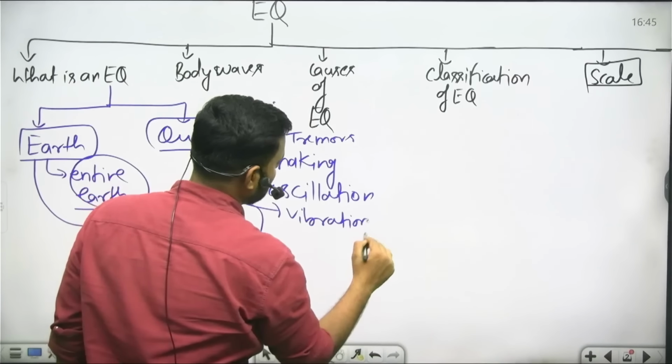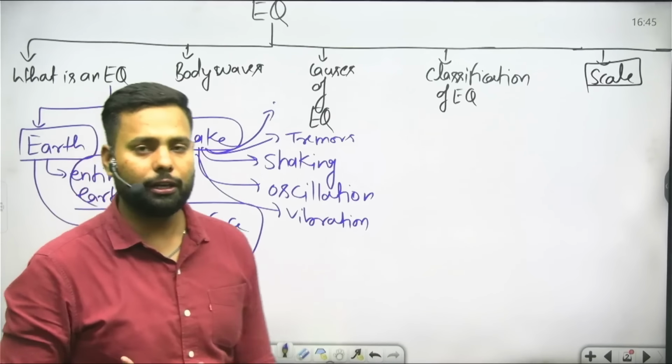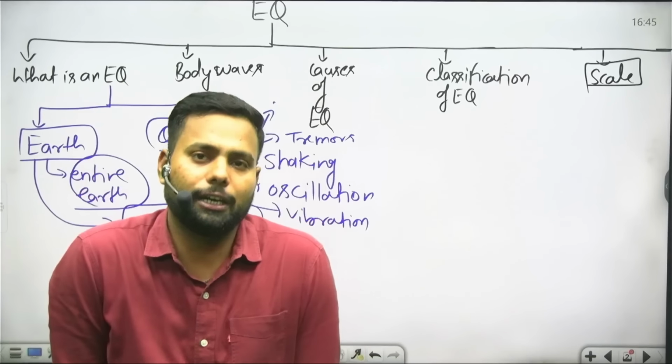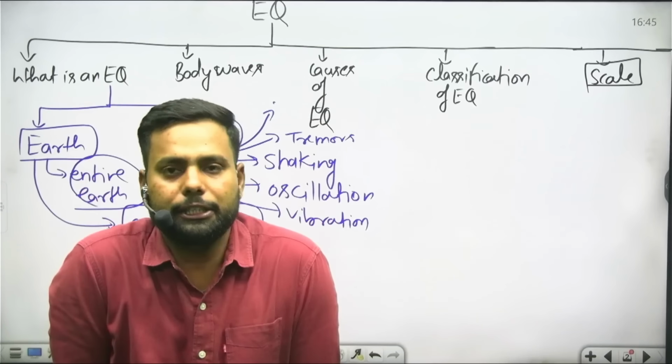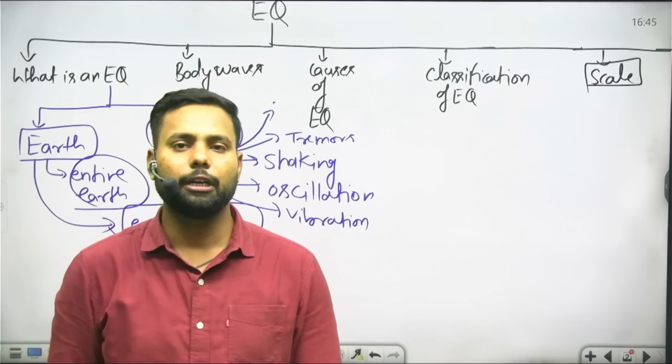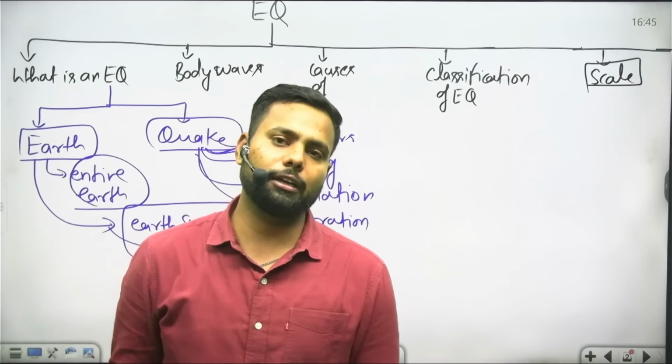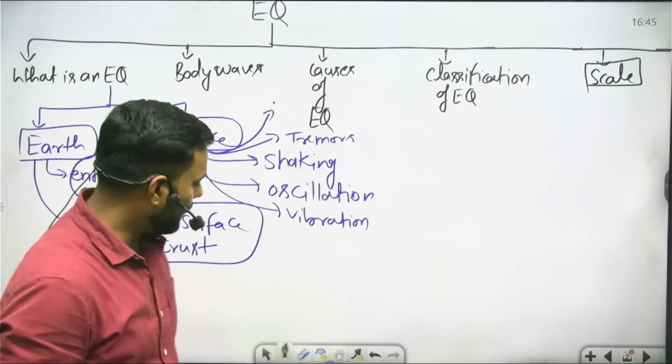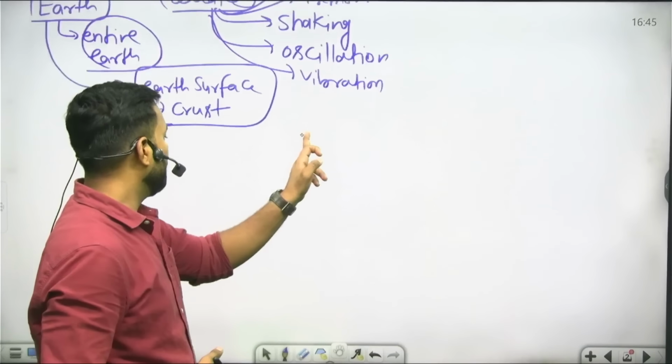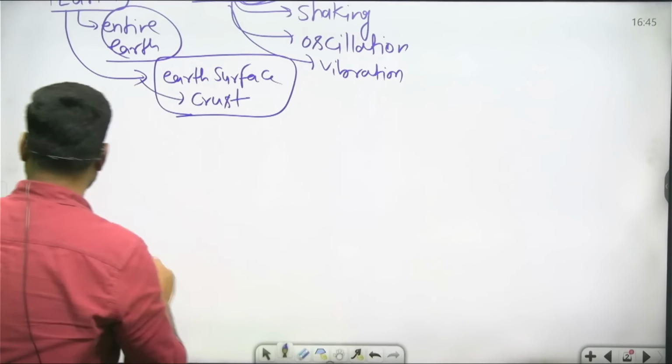So what does earthquake mean? The sudden shaking of the earth, or abnormal oscillation, vibration and tremors mainly because of internal disturbances, is known as earthquake. Let me write down the definition.